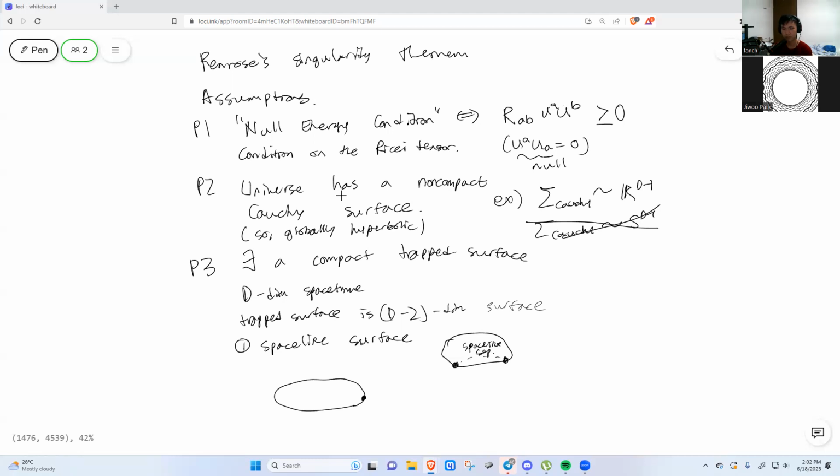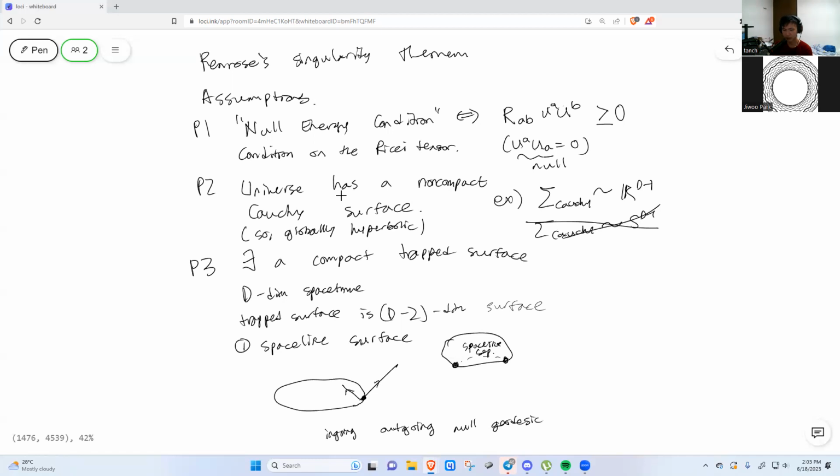There are two of these: there's one here, there's one here. These are respectively ingoing and outgoing. So these are null geodesics.